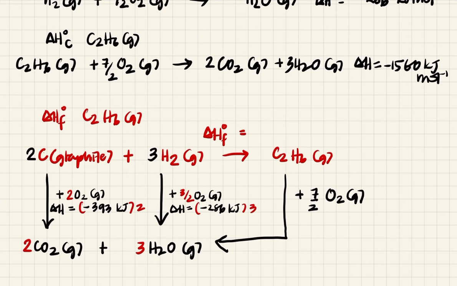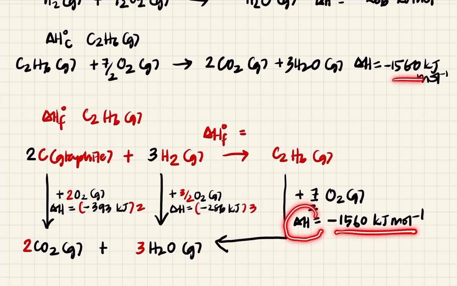So this delta H will just follow, because I did not reverse the arrow, so I will not change the sign of my delta H. So this is my delta H, 1560. C2H6 reacts with oxygen gas, you will get this.